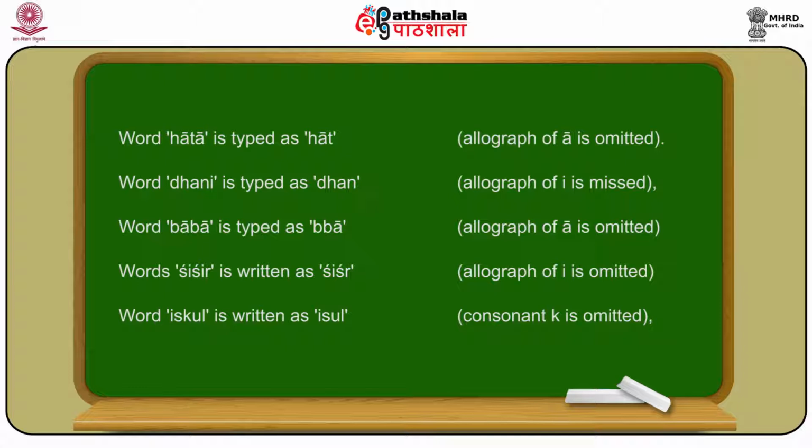So this we call omission of character: one character or sometimes more characters which were supposed to be there to make a word valid or acceptable are missing, because of laxity on the part of the data entry operator.